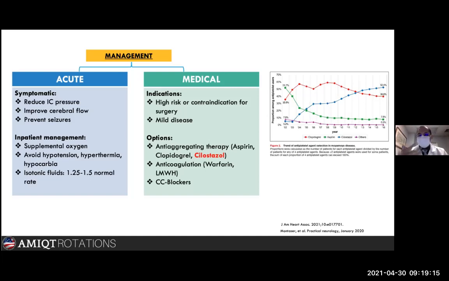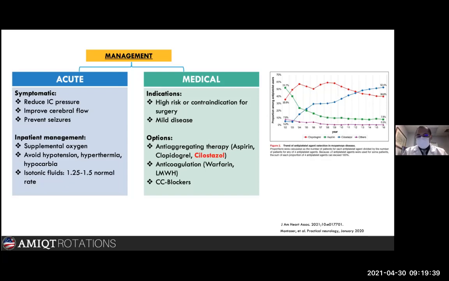Regarding medical treatment, it is used as a secondary intervention to prevent new episodes. It is indicated when there are high risks with the surgery or contraindications for the surgery, and also in cases of mild disease. The most frequent medical treatments are anti-aggregating therapies, such as aspirin, clopidogrel, and cilostazol.